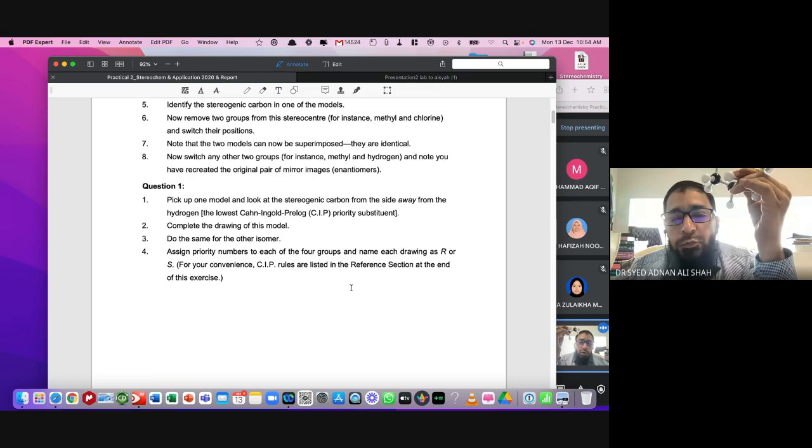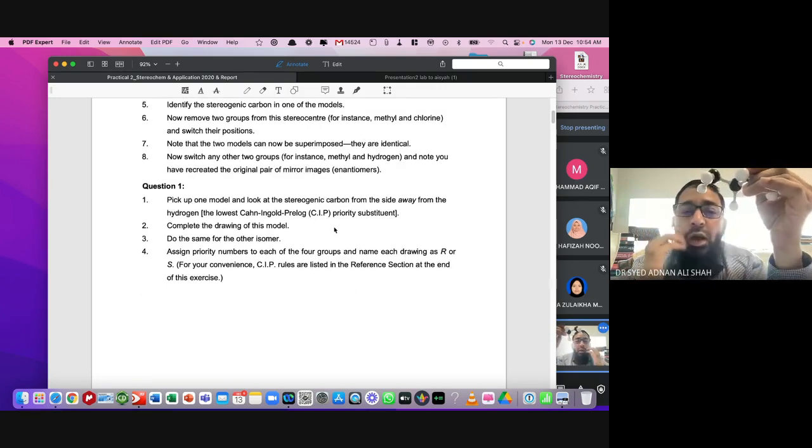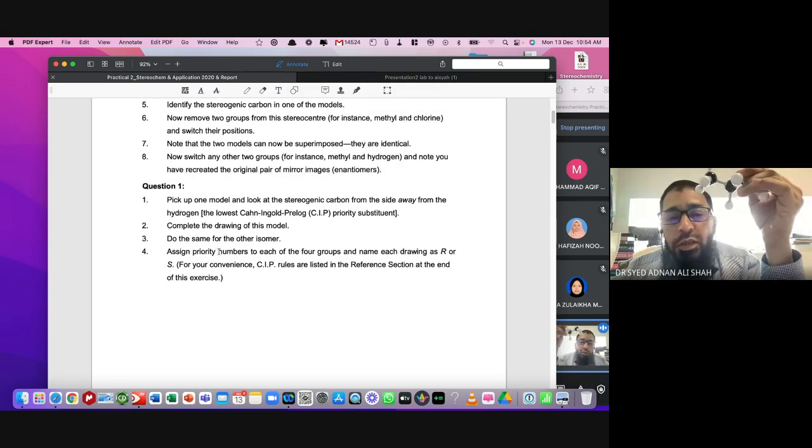So that's how you make the two isomers, both enantiomers. You apply the priority number to each of the four groups and name each drawing as R and S according to the CIP rule, which I told you.